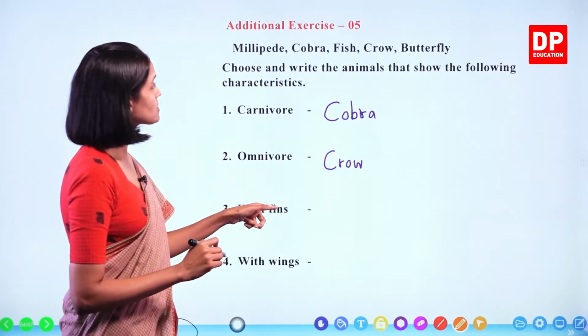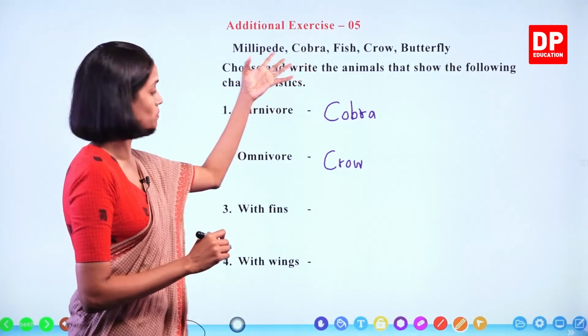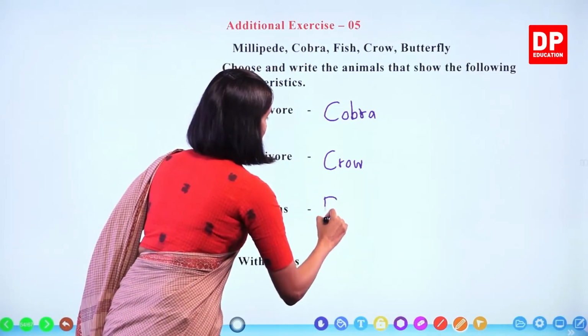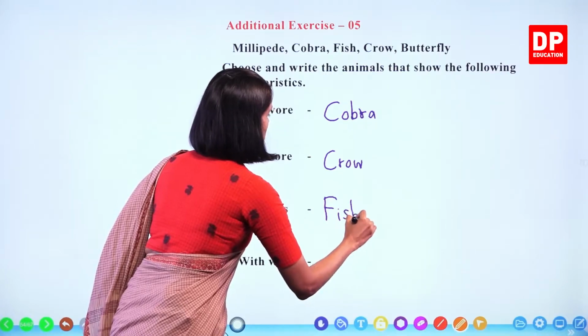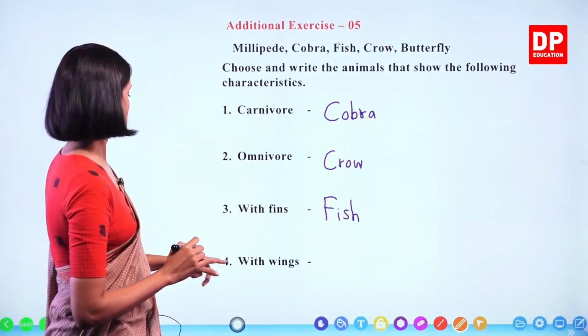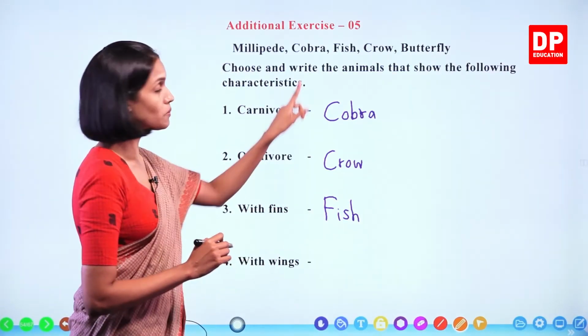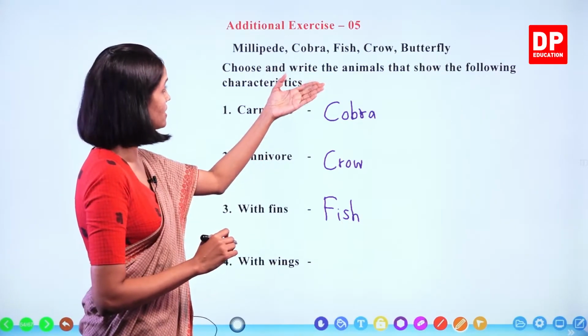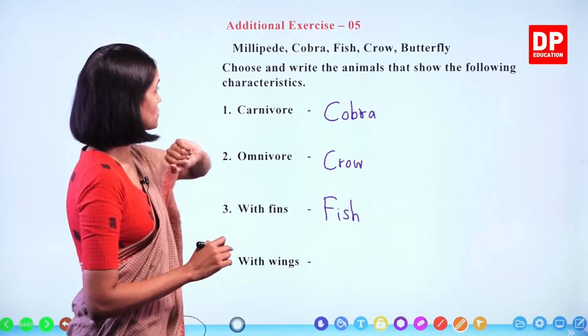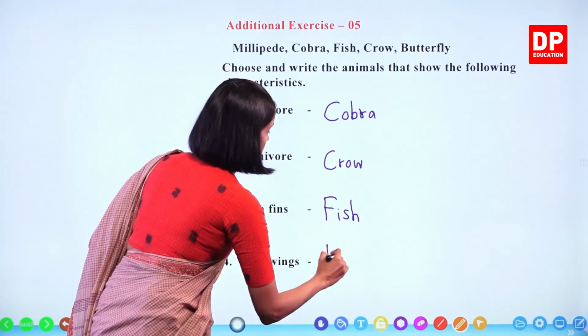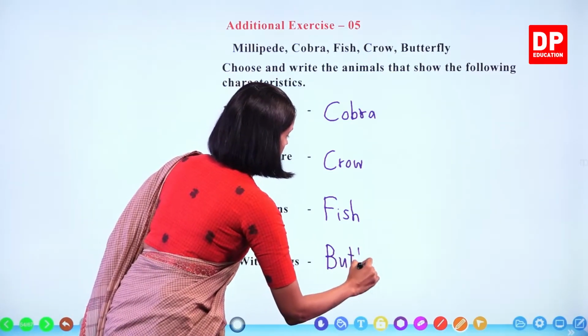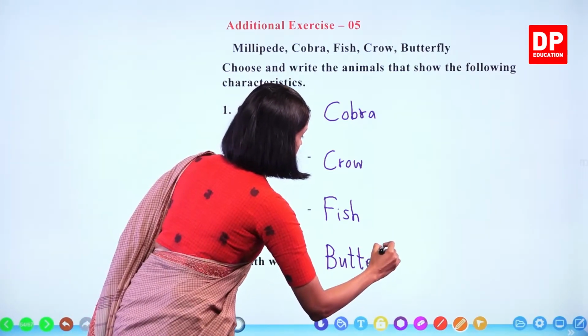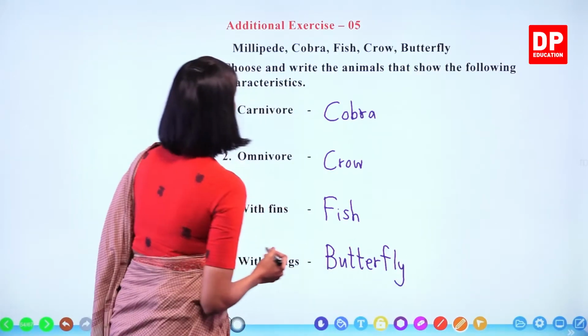With fins, fish. Fish can swim with fins. Right. With wings, butterfly. Butterfly can fly and also crow. Okay. We'll write one. Butterfly.